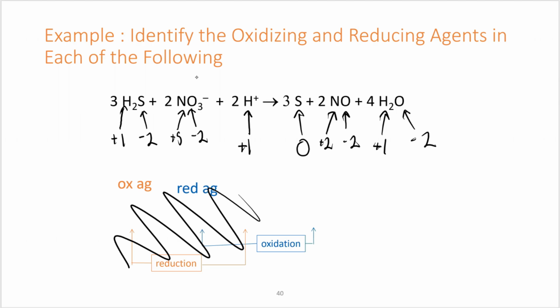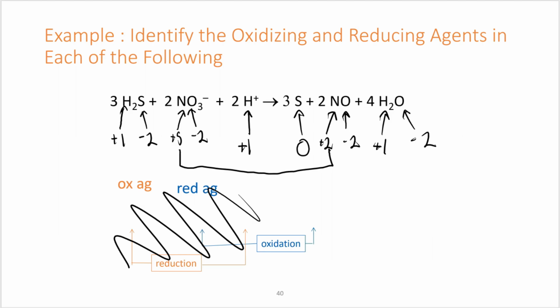Okay, so now after you assign oxidation numbers to everything, your job is to compare the left to the right side, to see which ones are changing. So who can tell me which one is changing? One of the elements. Nitrogen, good. So nitrogen is going from +5 to +2.